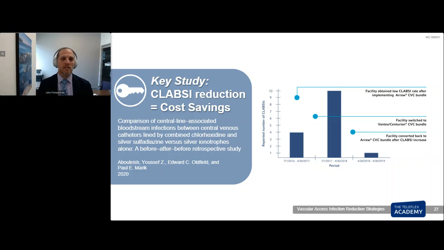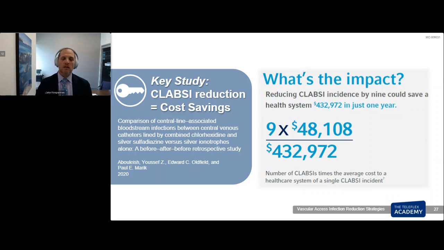A 2020 study, a before-and-after retrospective study comparing central line associated bloodstream infections between central venous catheters lined with combined chlorhexidine and silver sulfadiazine versus silver iontophoresis alone, showed that you can save a huge amount of money, on the order of $48,000 per infection.